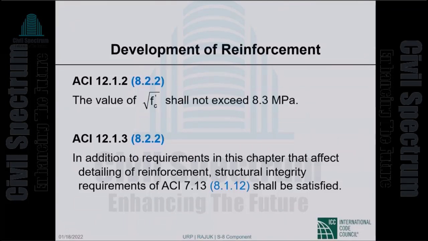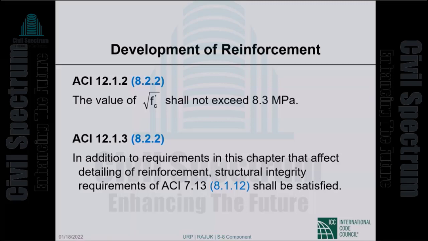Okay, then as in the case of shear, square root of F sub C prime is restricted to no more than 8.3 MPa because we do not have enough test results with higher strength concrete. As the concrete strength increases, the required development length decreases, but beyond a certain point, we are not sure that we should keep on decreasing it because we do not have test results.